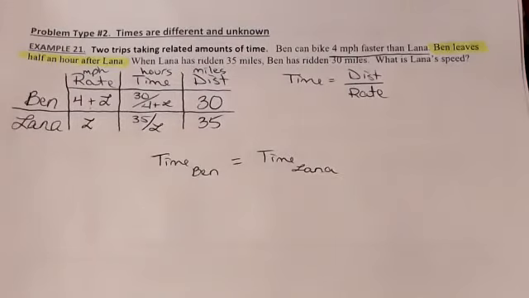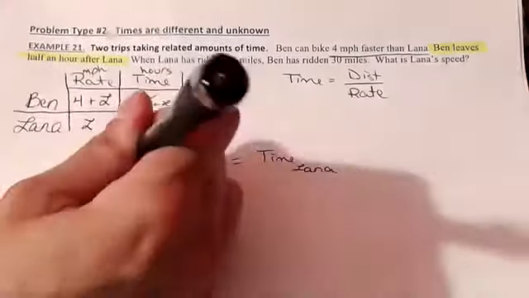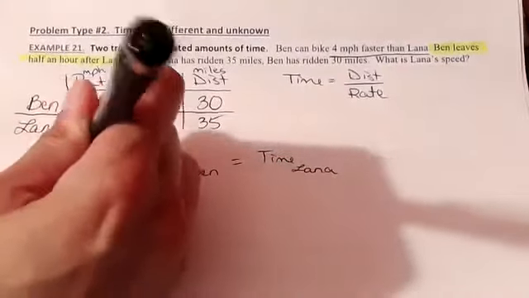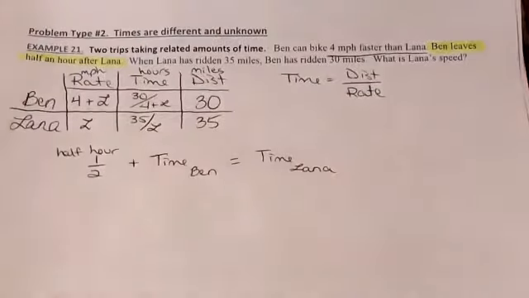You're told that Ben leaves a half hour after Lana, right? Which means Lana was traveling a half hour longer. If we want them to be equal, we have to give Ben the half hour. If we want them to be the same, we want to give Ben the half hour.